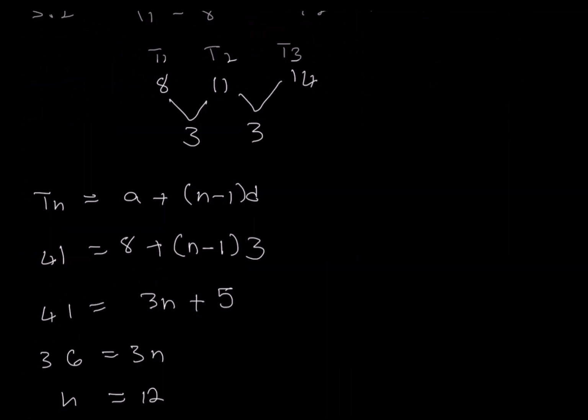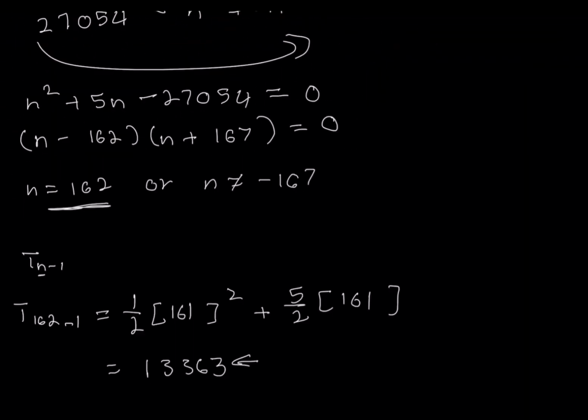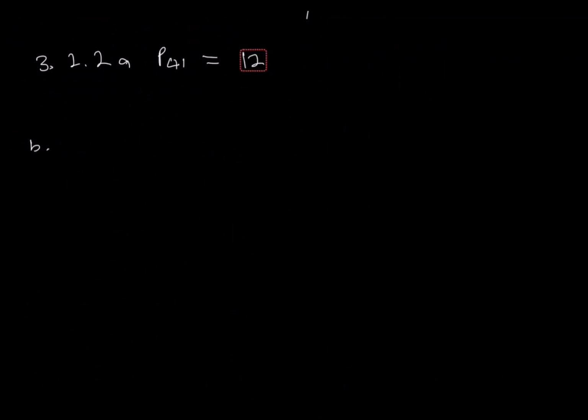Alright, number B. They are saying calculate the value of the first term of the new arithmetic sequence. Wow. Okay, ladies and gentlemen, I don't want to stress you, but before anything else, let's write what we know.